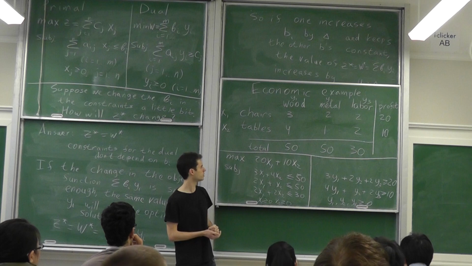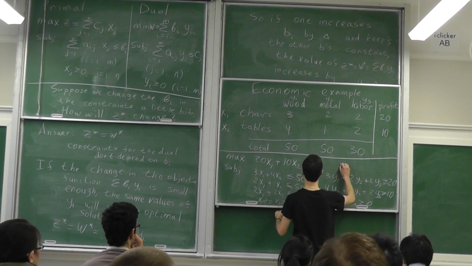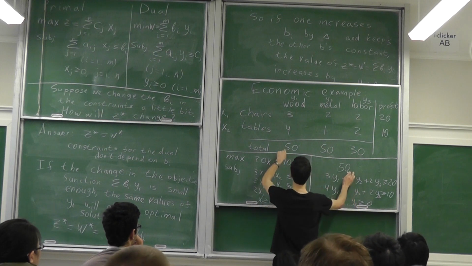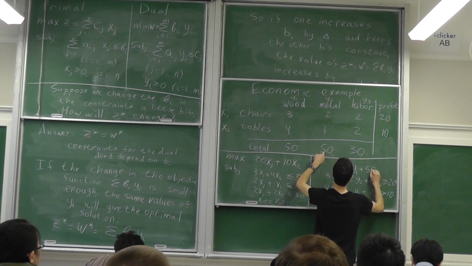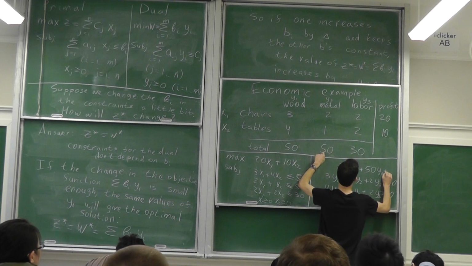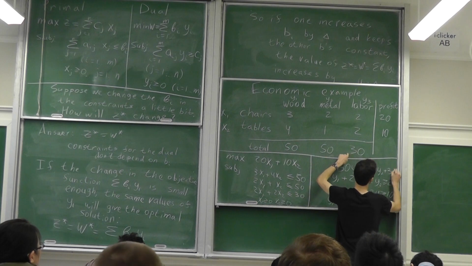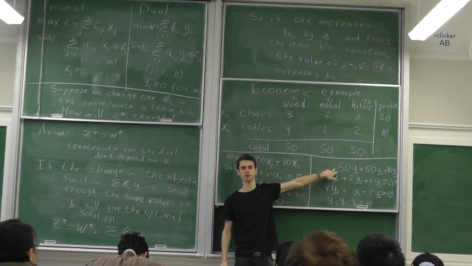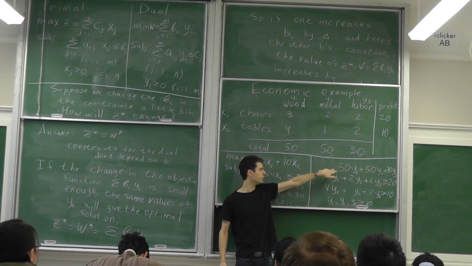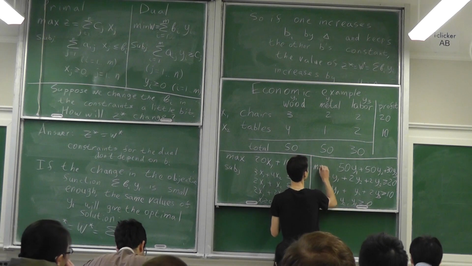Well, what is the price that I will pay for a business? I'll buy from you 50 units of wood, plus 50 units of metal, plus 30 units of labor. I want this to be the smallest possible.